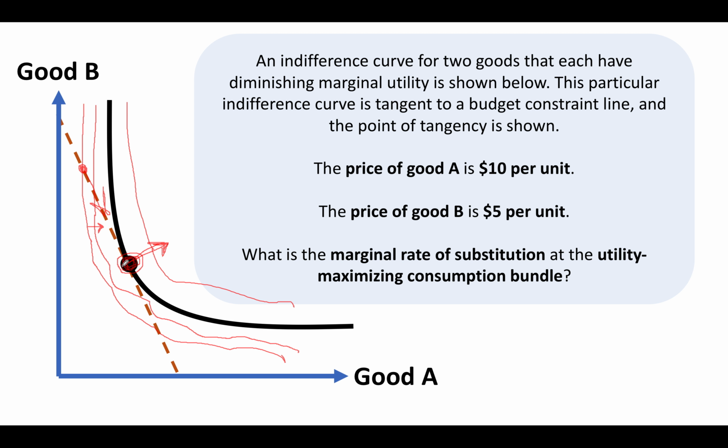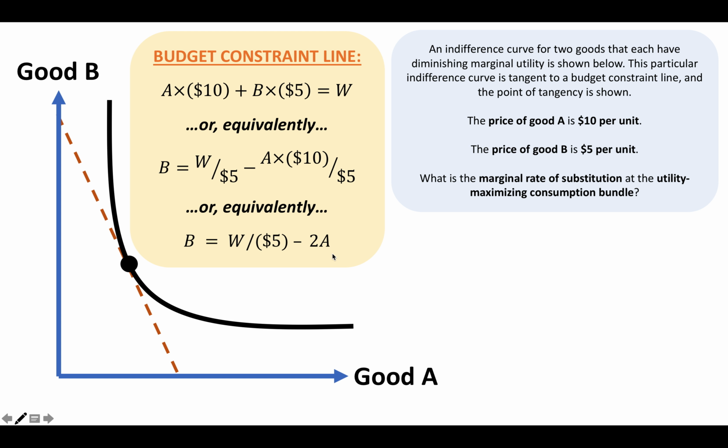All right, but I want to focus on this marginal rate of substitution and how it relates to all this stuff. Here's my budget constraint line. We just talked about how I formulate that. I can write it in three different ways.